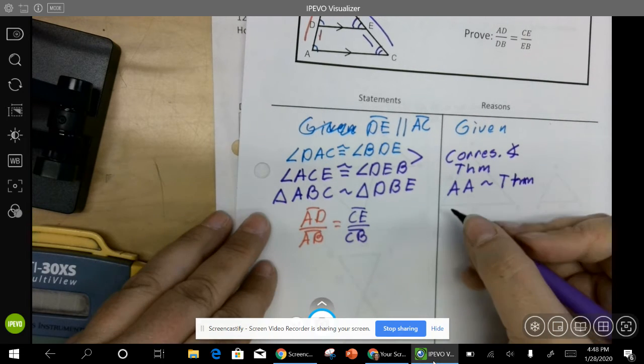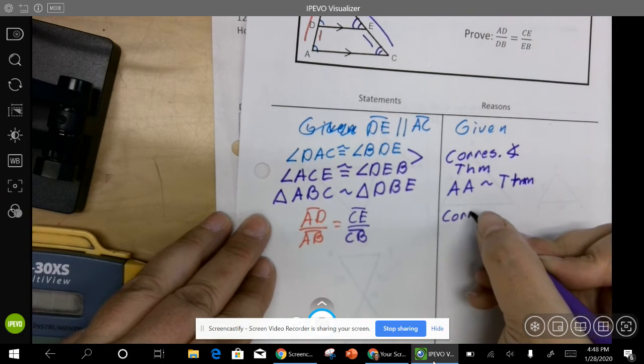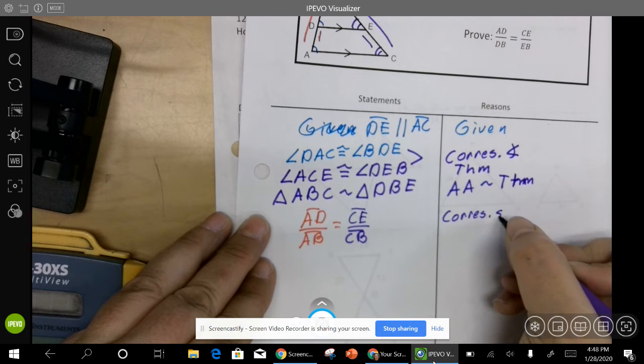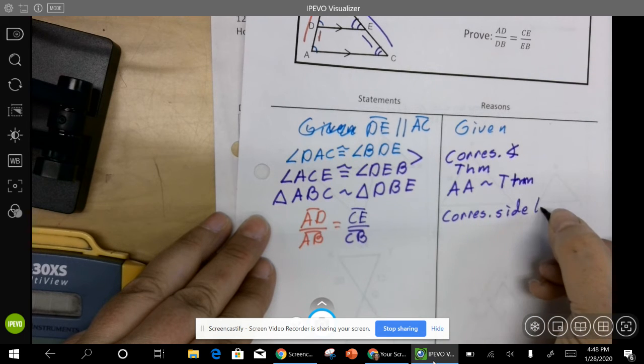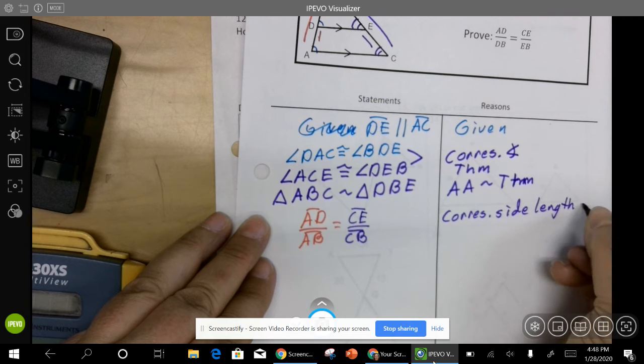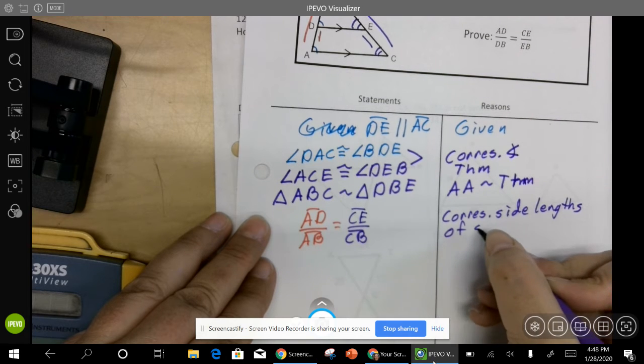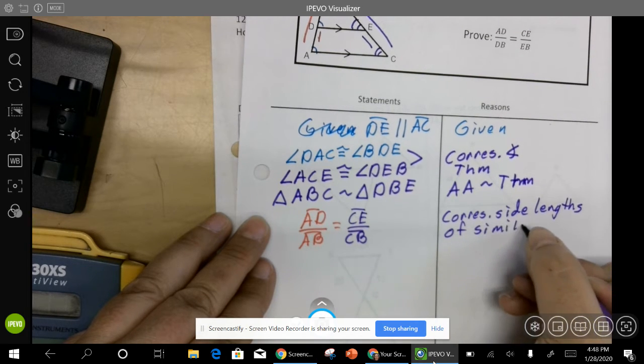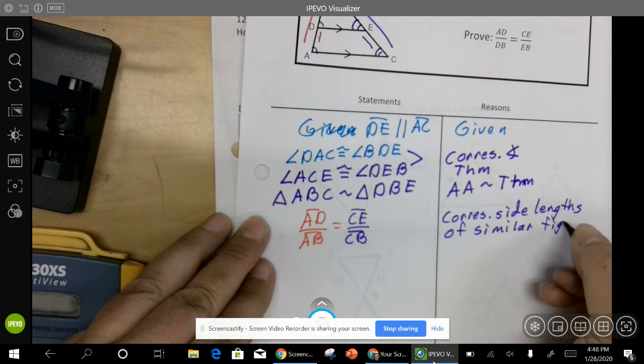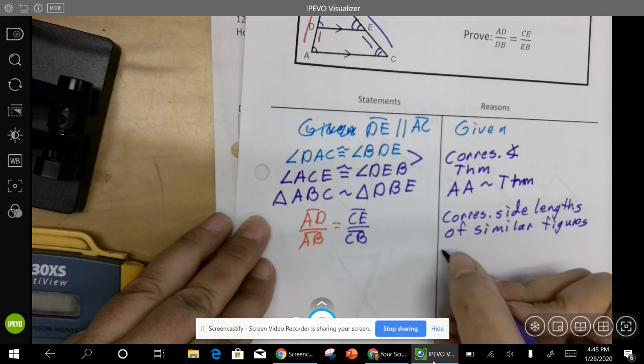Okay, and that's because we know that the corresponding side lengths of similar figures are proportional.